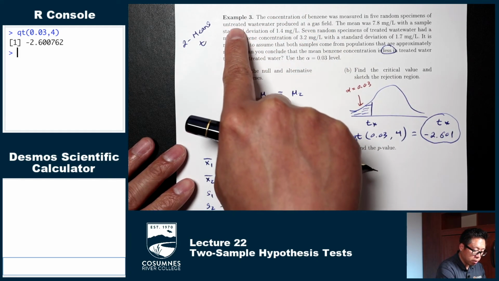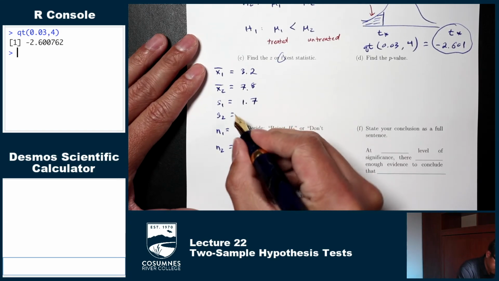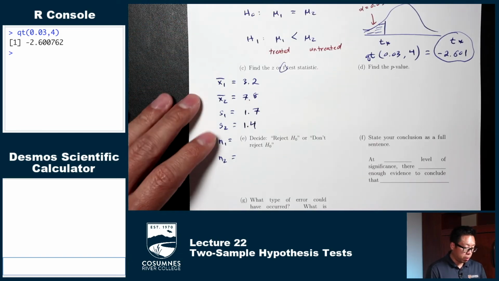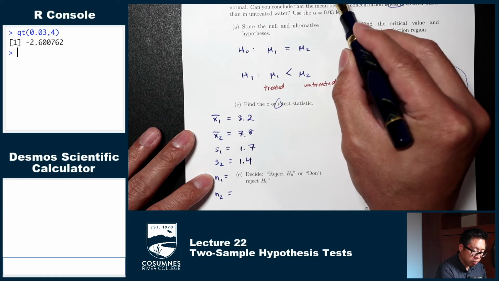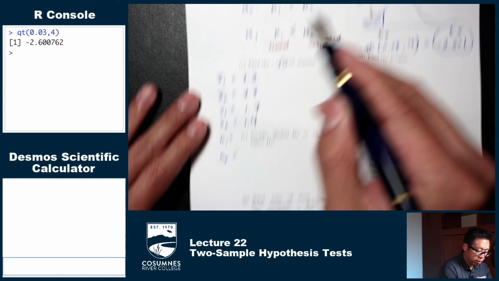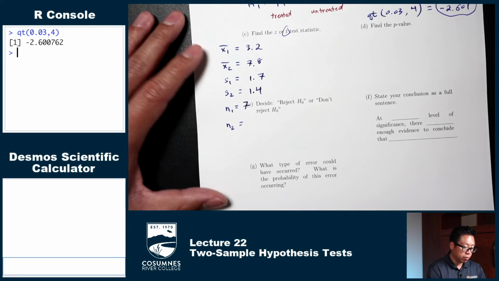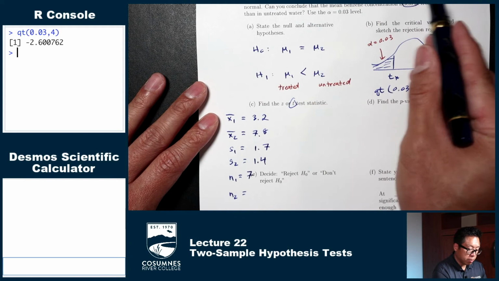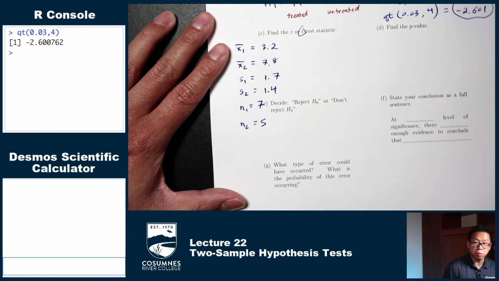The standard deviation for untreated was 1.4. n1 is the sample size for the treated, 7 random specimens of treated, so n1 is 7. n2 is the sample size for untreated, 5 random specimens of untreated, so 5 for my twos.